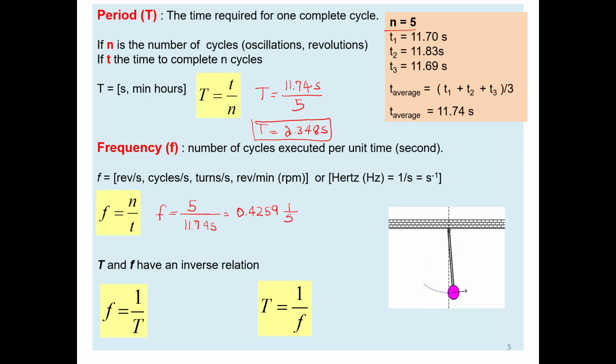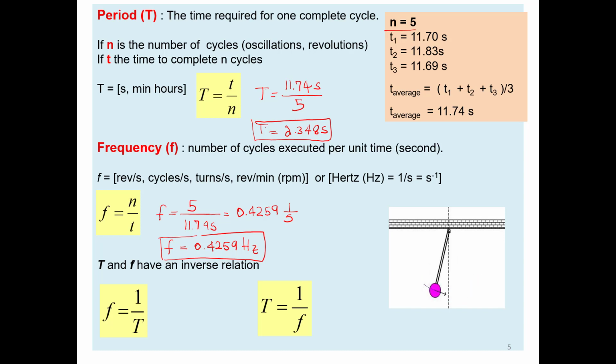You can see the second is in the denominator. We can say the frequency for this pendulum is 0.4259 hertz. This means that in 1 second, this pendulum executes about half of a cycle.